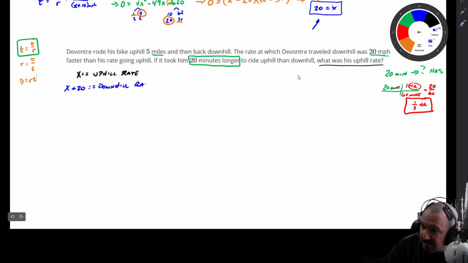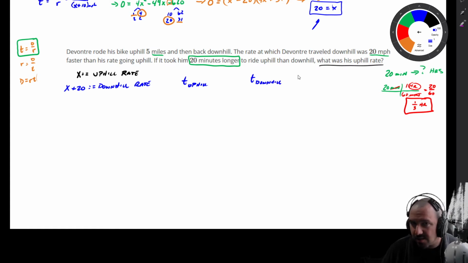Now, I list these things out to make it easier for what I'm about to do next. I am messing with times. Now, here's the problem that we're going to have. We have a time for uphill, and a time for downhill. And we need to relate these two. Well, we don't really know too many different relations other than equality and inequality.